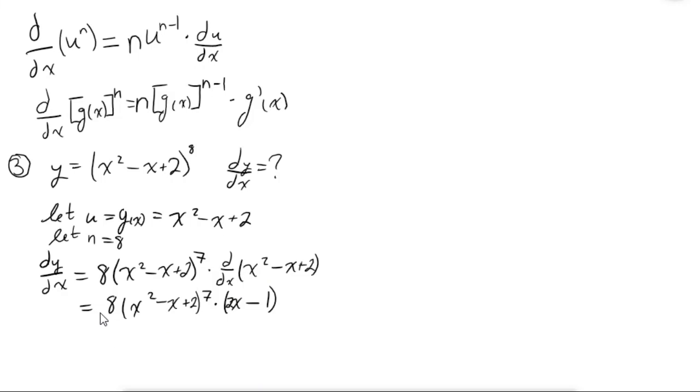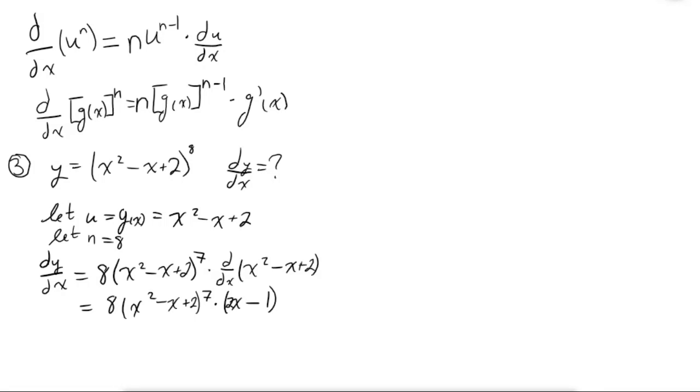So I'm left with my answer. The derivative of the function y with respect to x is equal to 8 multiplied by x squared minus x plus 2, all to the power of 7, multiplied by 2x minus 1. And so that is the answer to example number 3.